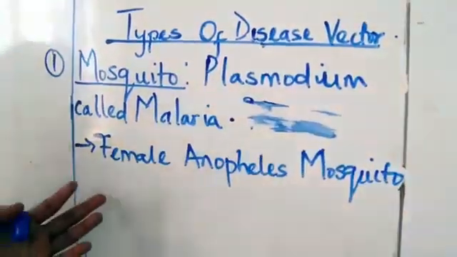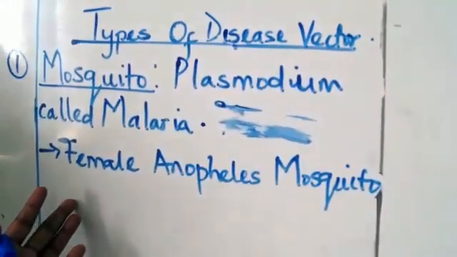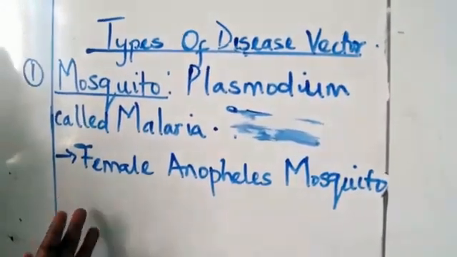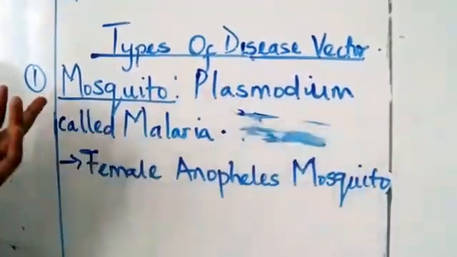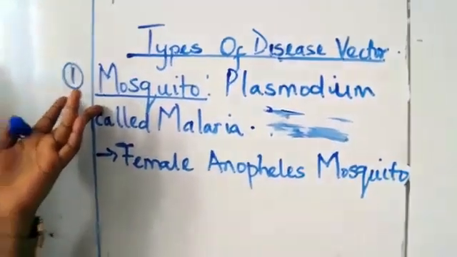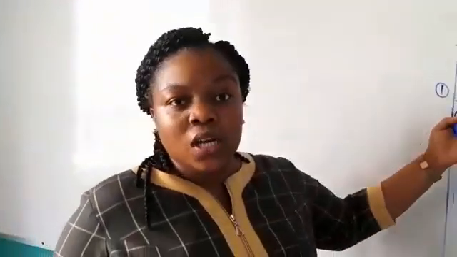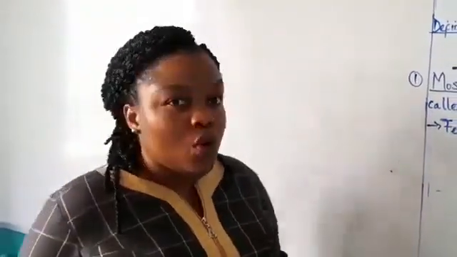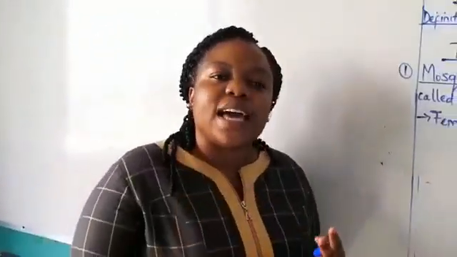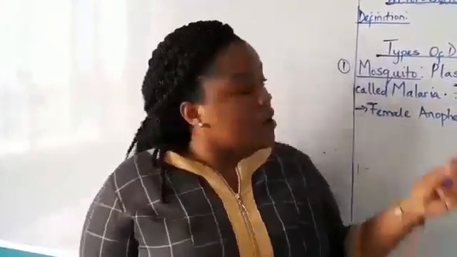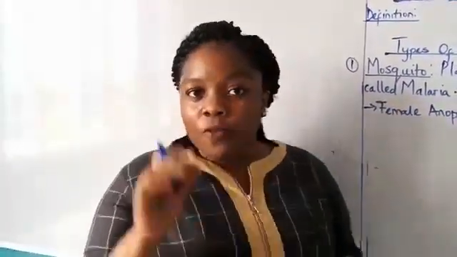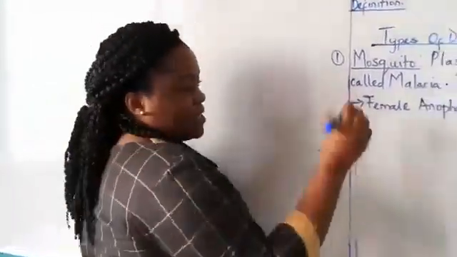So this female Anopheles mosquito is the major carrier of this Plasmodium, and the mosquito is the vector. Now, for a clear explanation of the life cycle of a mosquito, remember we also treated metamorphosis, the complete and the incomplete metamorphosis. Mosquito is a typical example of a complete metamorphosis.